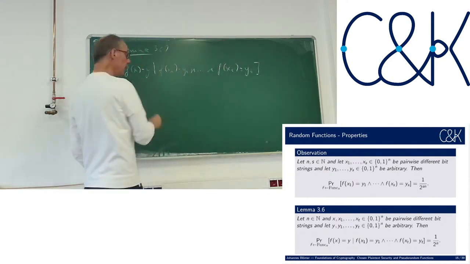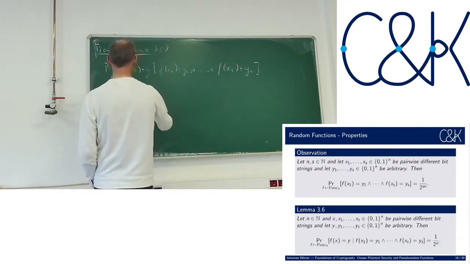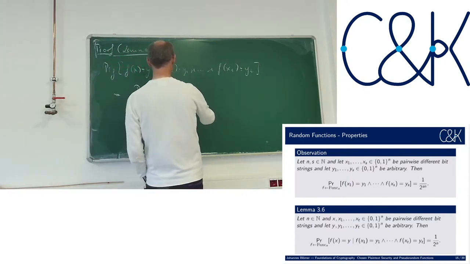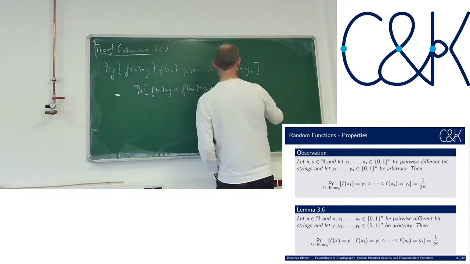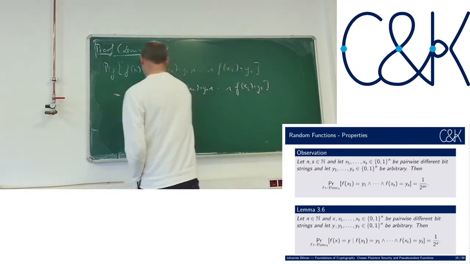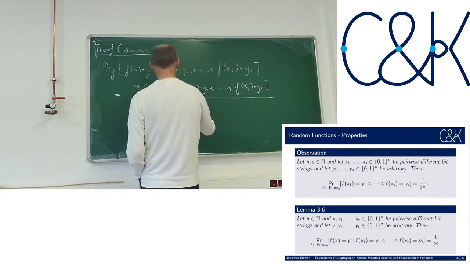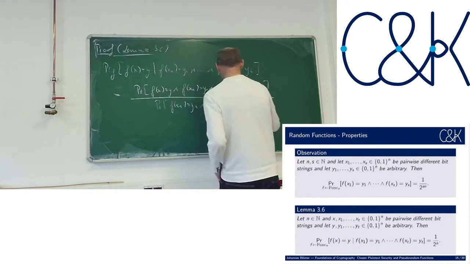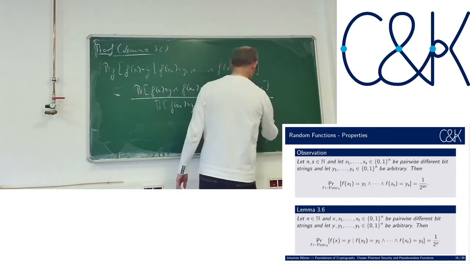Well, by simply the definition of conditional probability, this is the probability that f of x is y and f of x1 is y1 and f of xt is yt, divided by the probability that f of x1 is equal to y1 and so on, f of xt is equal to yt.